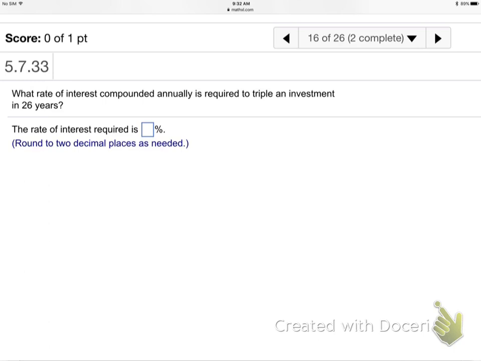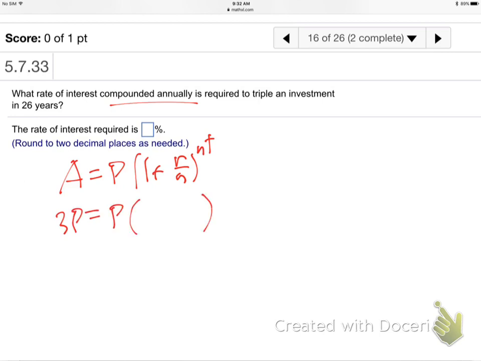So it's compounded annually, so I'm going to use the A as P(1 + r/n)^(nt). Triple means 3P. Annually means n is 1, once a year.